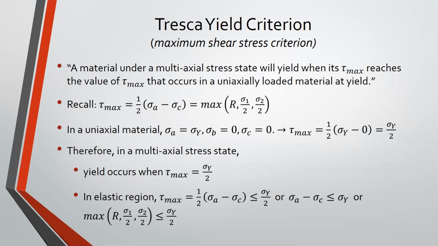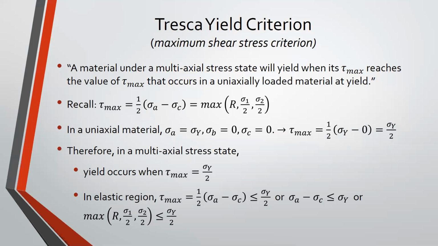So to answer your question, first of all, there are different theories, and each theory will have a different reason why yielding occurs. But in this theory, what it's saying is that a material can withstand a certain amount of absolute maximum shear stress. And regardless of whether that occurs in a uniaxial sense or a multi-axial load application, the material doesn't really care how you're applying the loads, it doesn't know.